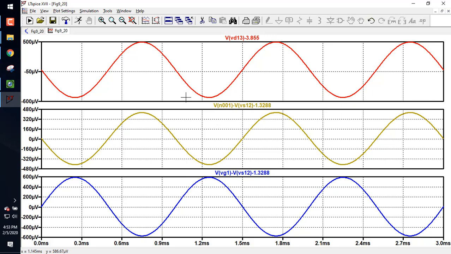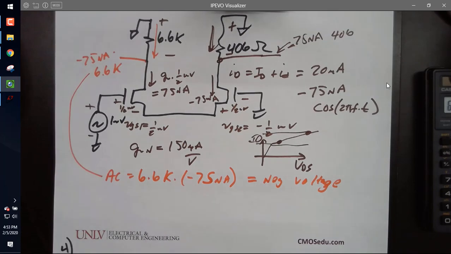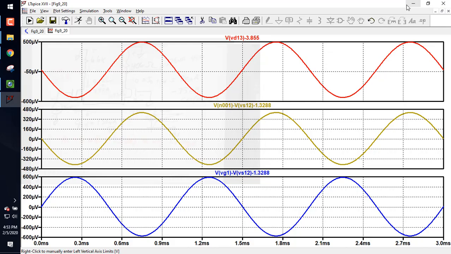And then the last one is this right here, which is 400 times 75 nano, which I'm guessing is 30 microvolts. I think that's right. It's around 30. Let's go back.